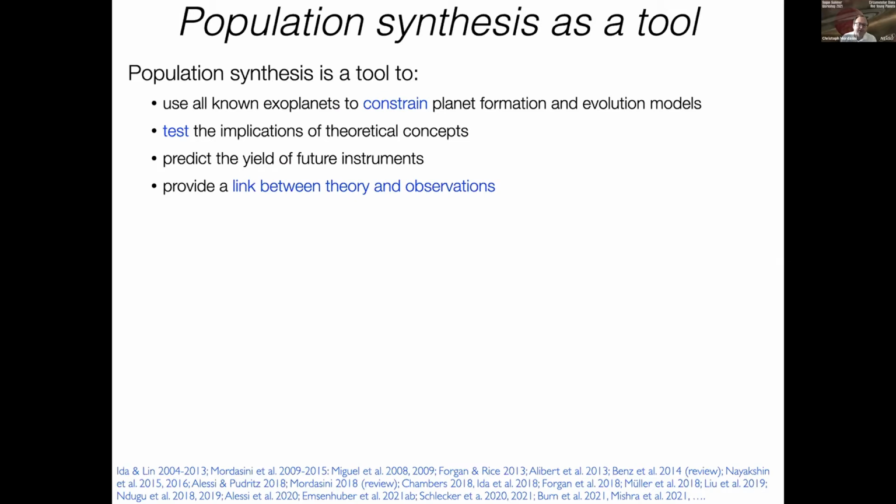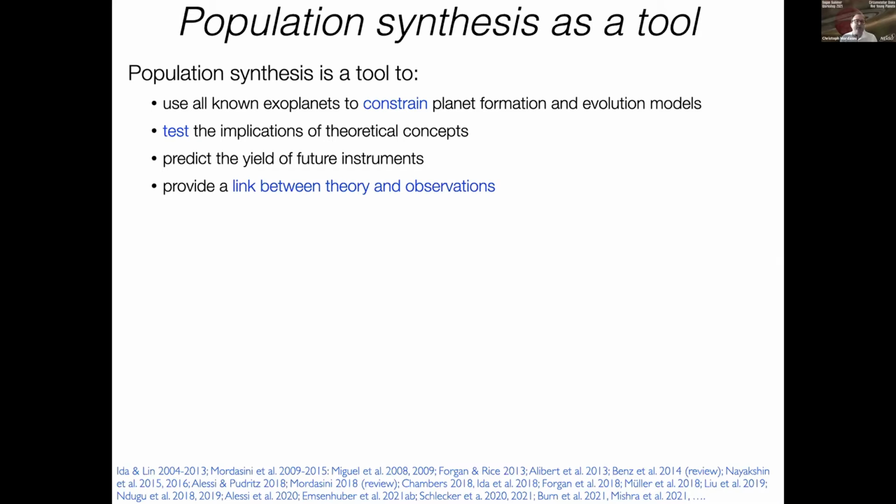So population synthesis is basically a tool. It is a tool to use all known exoplanets to constrain planet formation and evolution models, to test the implications of theoretical concepts. So say you have a new idea of what regulates gas accretion, maybe magnetic fields, and you would like to know how your model is expressed in a statistical way and how it compares to the population we know.